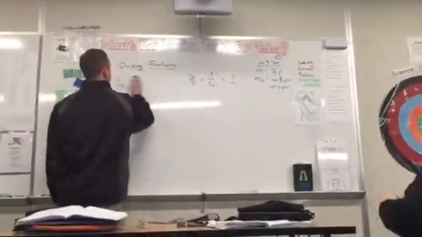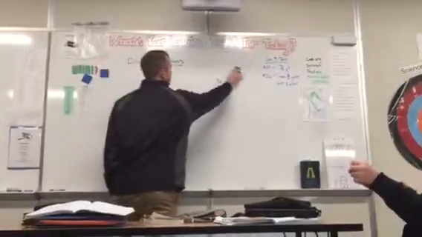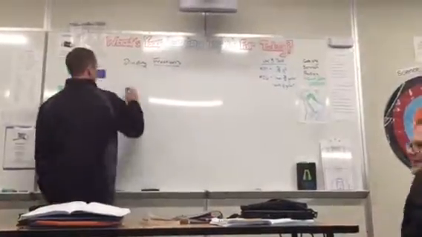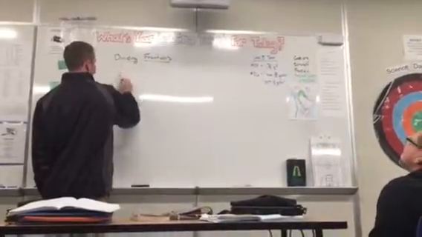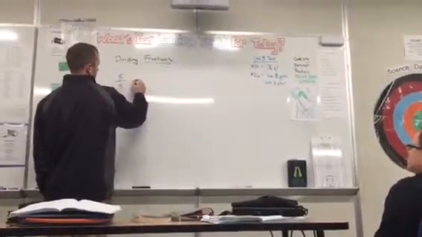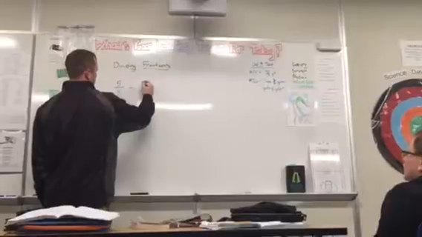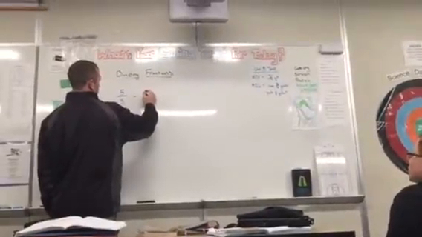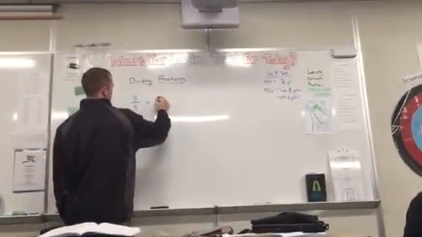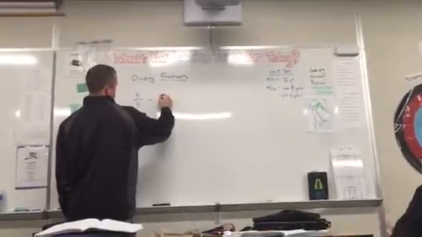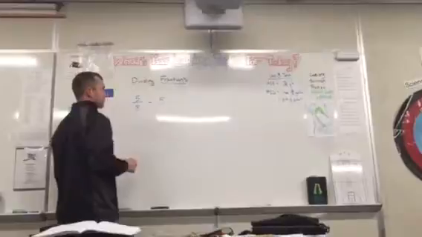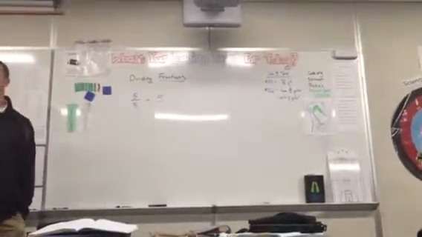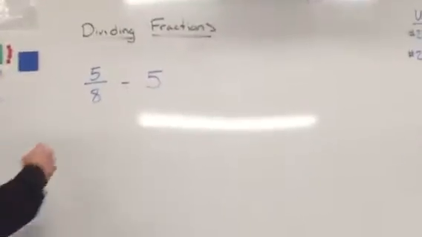Alright, let's look at another problem. Let's go with 5/8 divided by 5. I hate 5. It would be 5 once, but it would be 1/5 because it's the reciprocal. So I have to rewrite my problem, so I have 5/8.